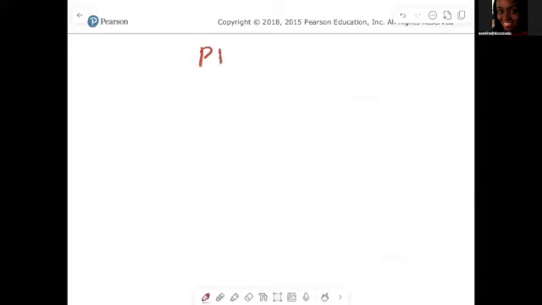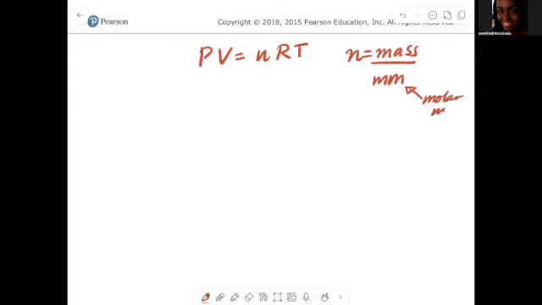So PV equals nRT. Remember that number of moles is mass over molar mass. I'll put MM here for molar mass. And then we're also told, remember, that density is mass over volume.